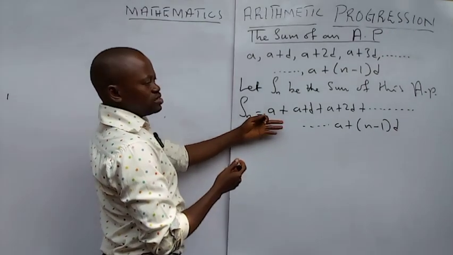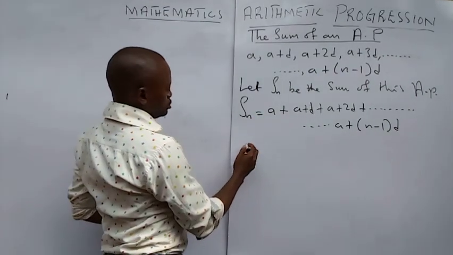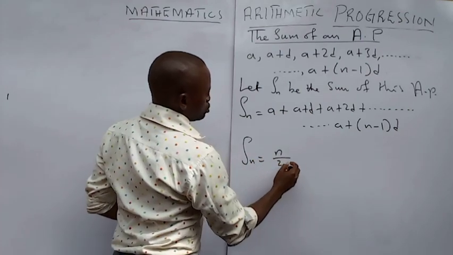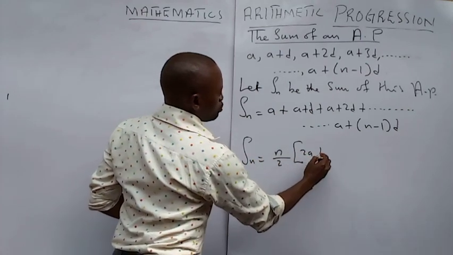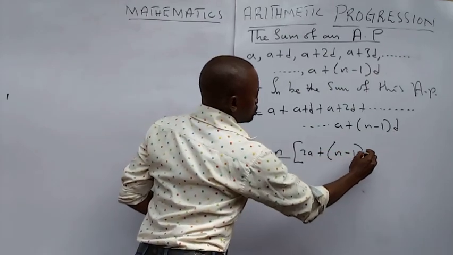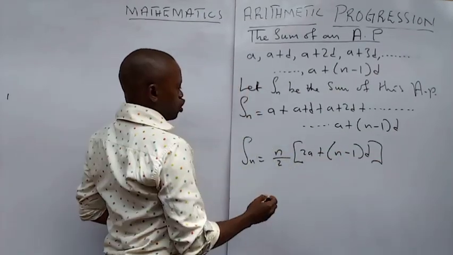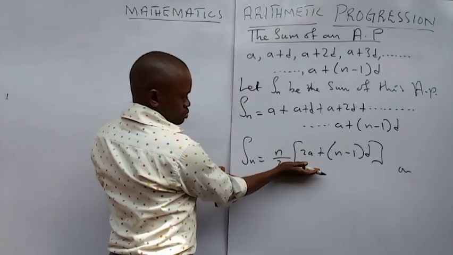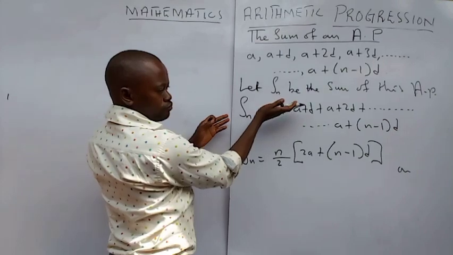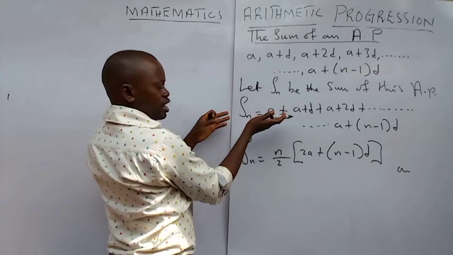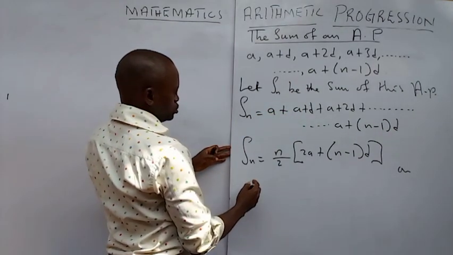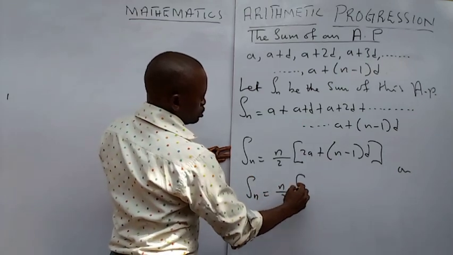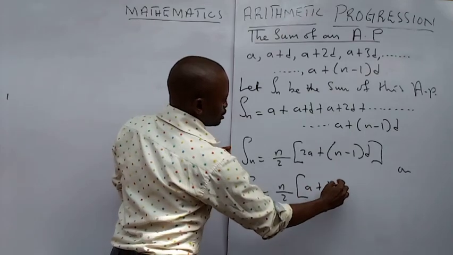Now this expression has been simplified to give Sn equals n over 2 in bracket 2a plus in bracket n minus 1, the common difference. Or we use Sn equals n over 2 in bracket a plus the last term.